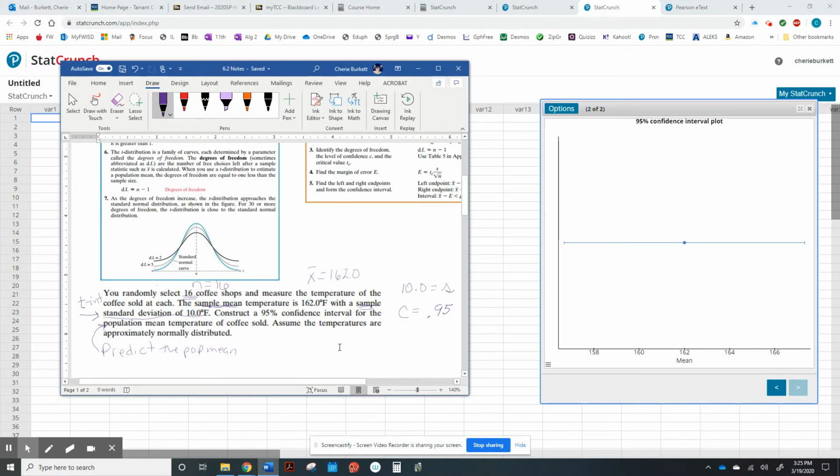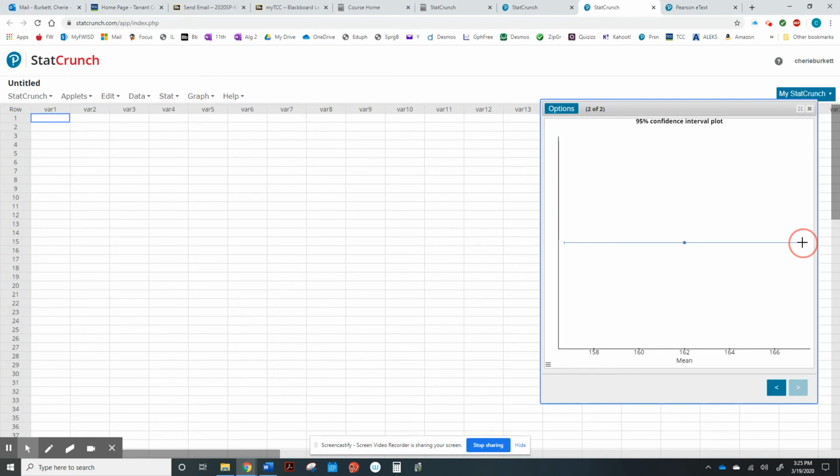Put open parentheses, 156.6, comma, and the other one was 167. Oh, that should have been 156.7.